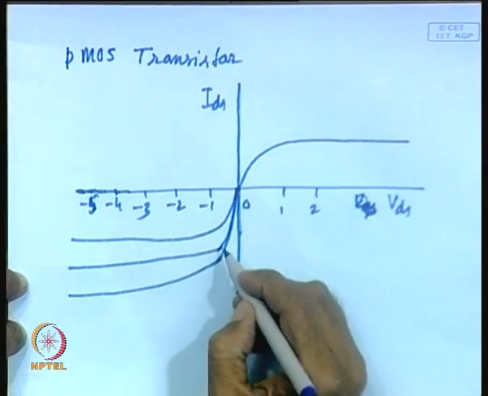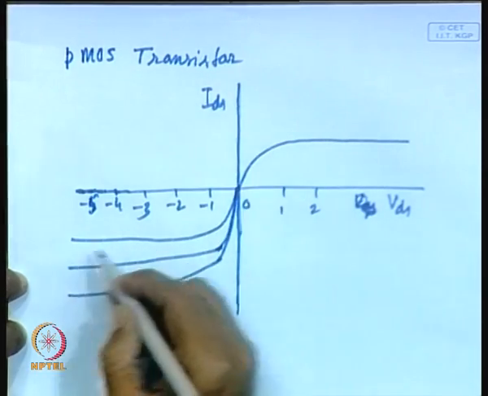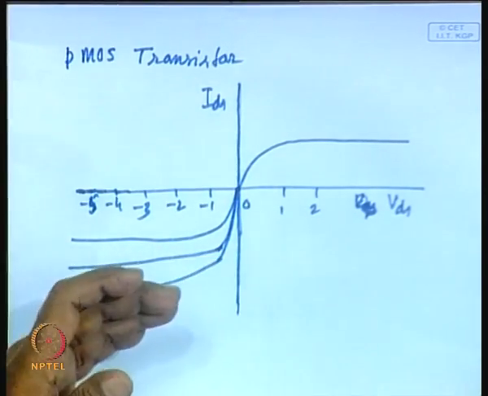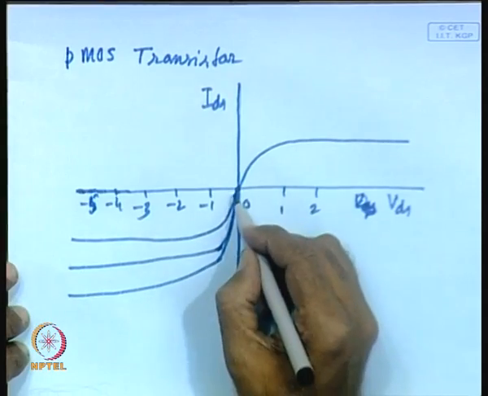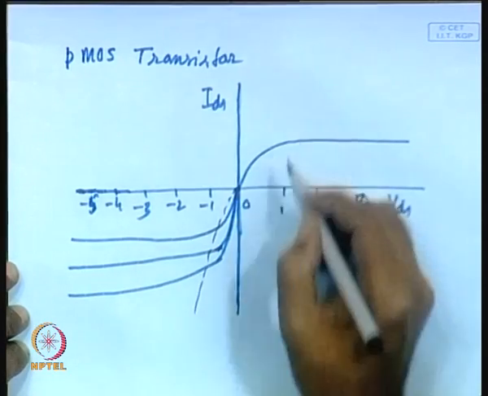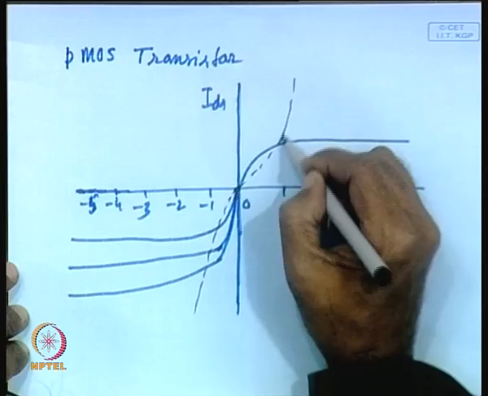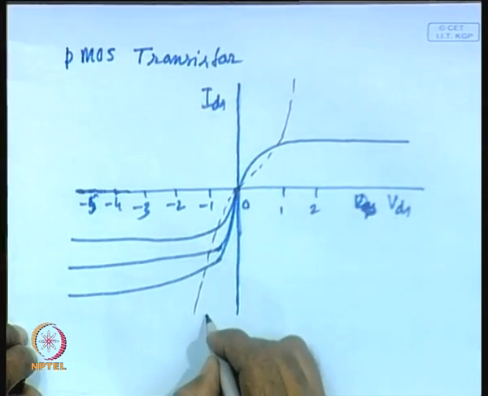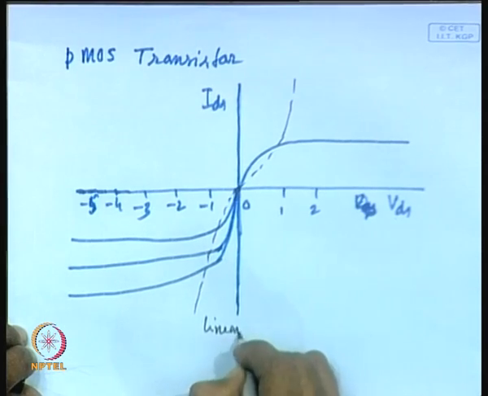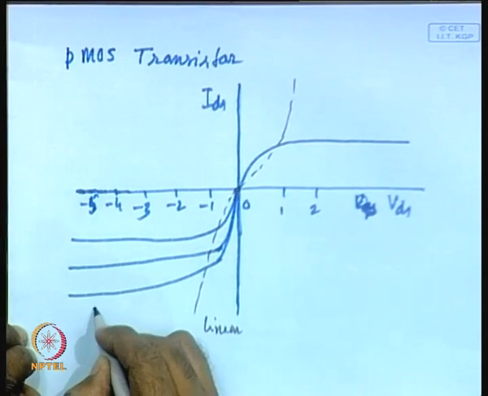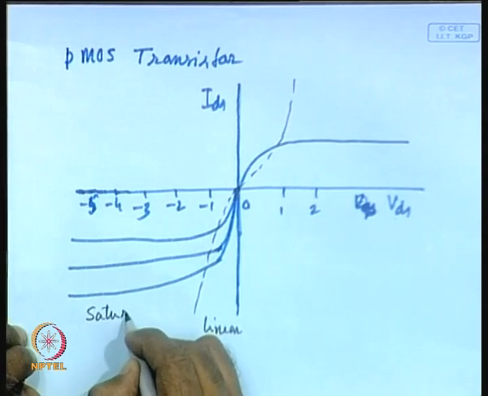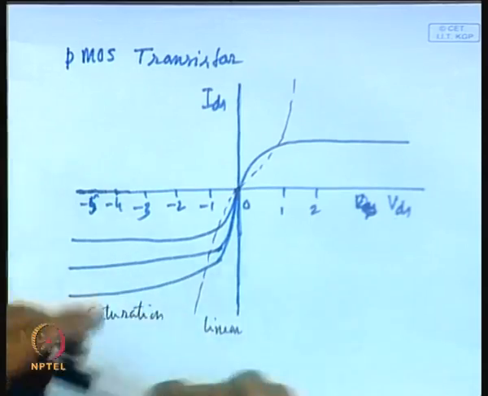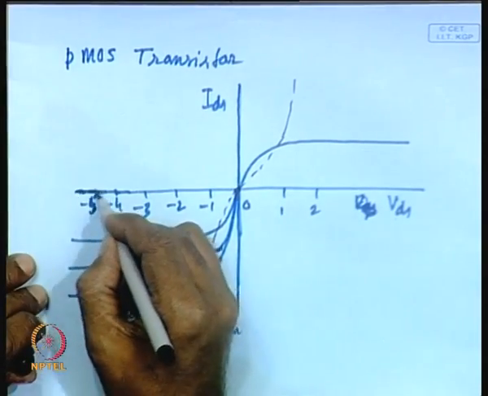And just like your NMOS transistors, here also there are 3 regions, cut off. So, just like your NMOS transistor, here also you have got the linear region, this is the saturation region, and this line obviously will represent the cutoff region.